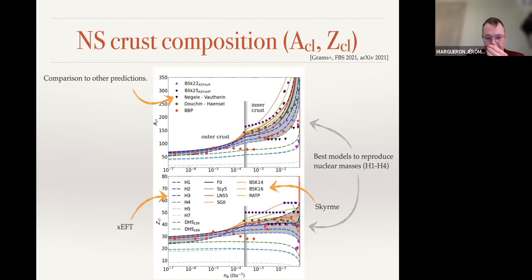If you look at these different predictions, except the BSK25, which is very stiff, so which has a very large symmetry energy, the Z predicted by these models are compatible with our band. So we could expect that the difference between our band and these predictions gives an idea of how large are the shell effects.